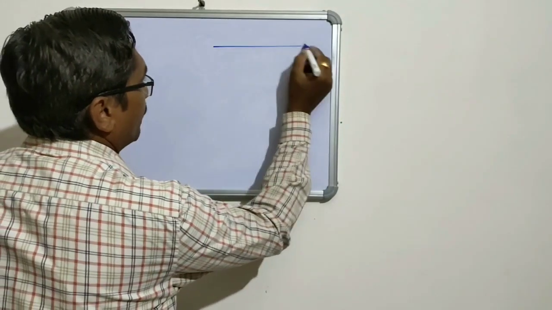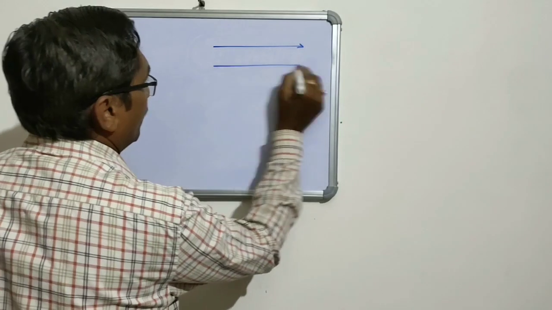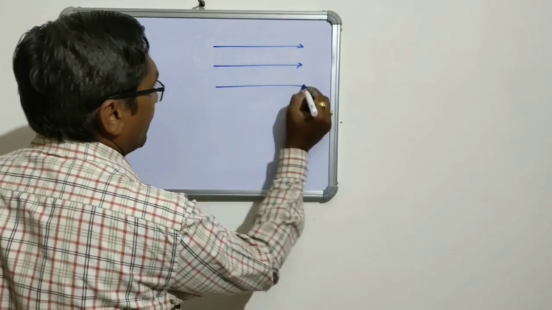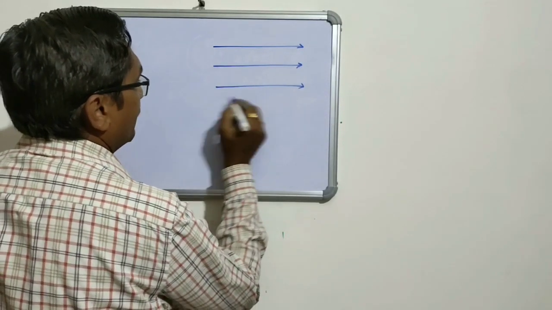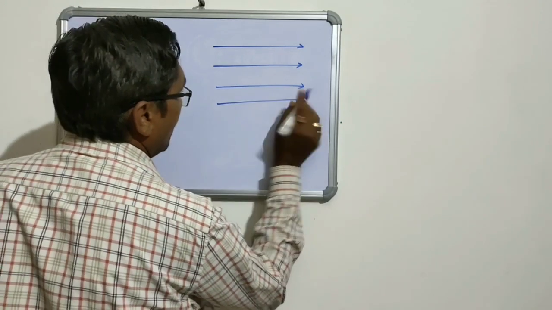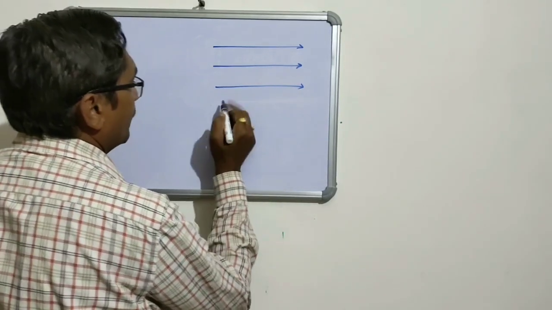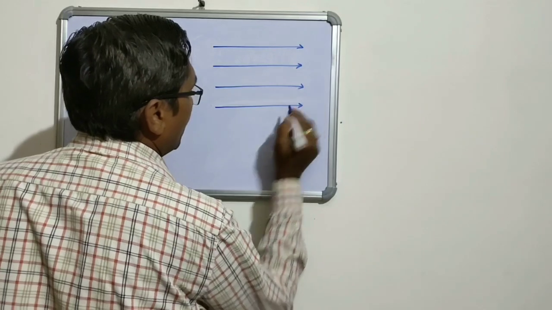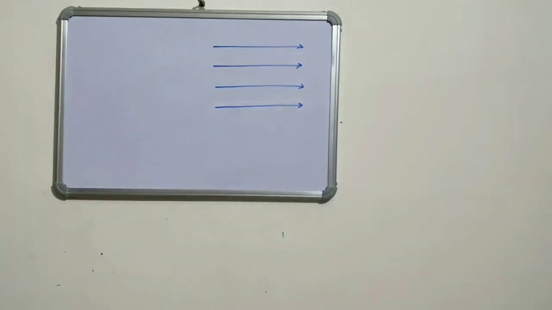Suppose it is a uniform electric field. Uniform electric field means the electric field is uniform at every point according to their positions. Okay?